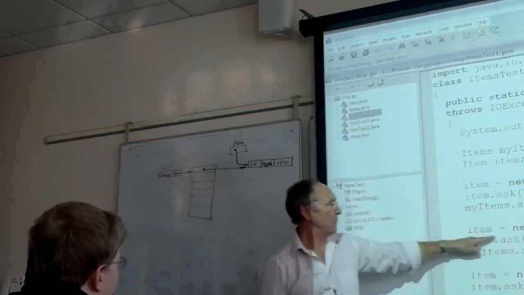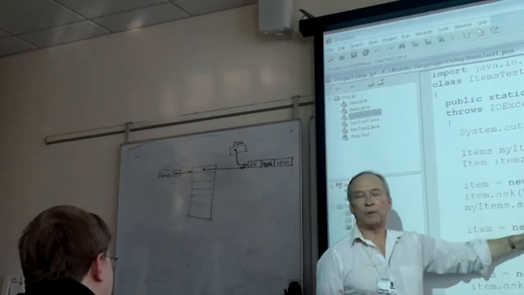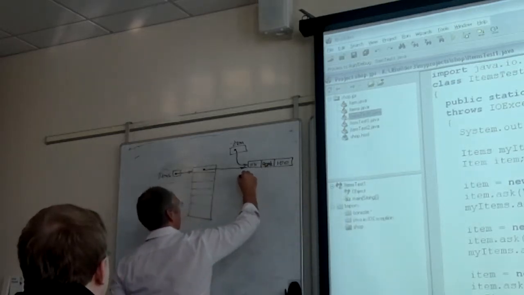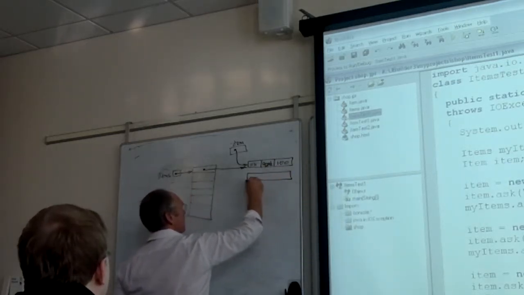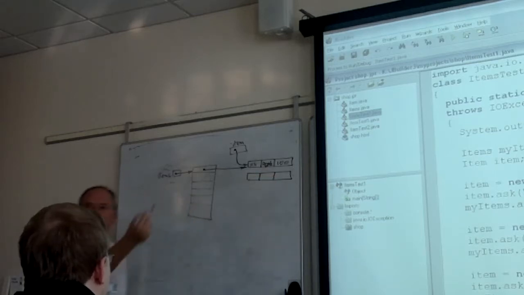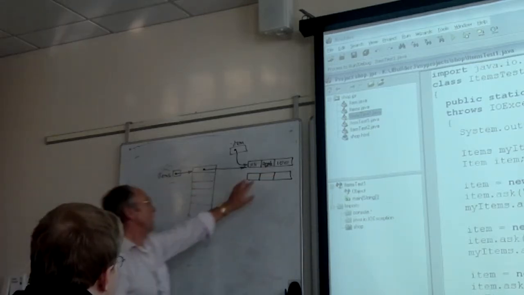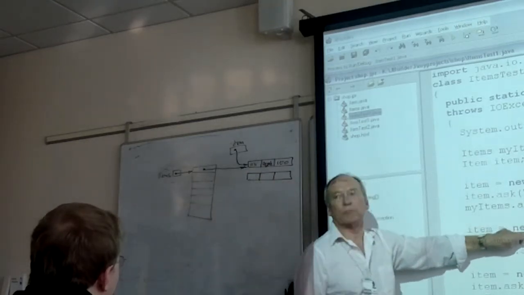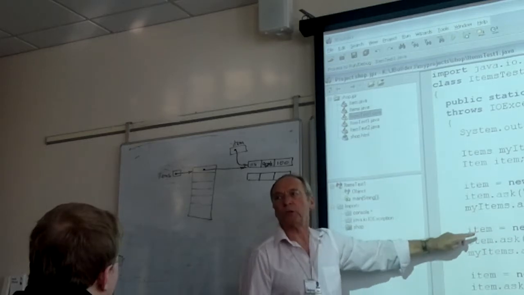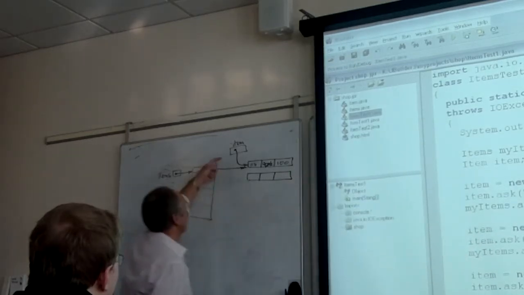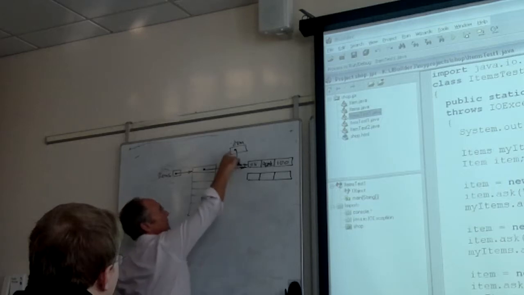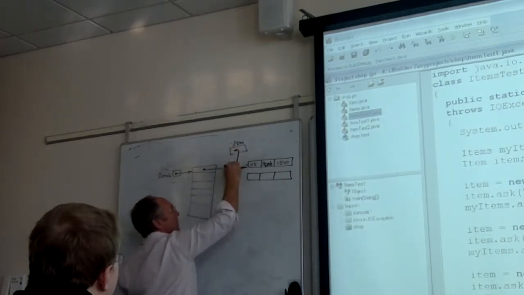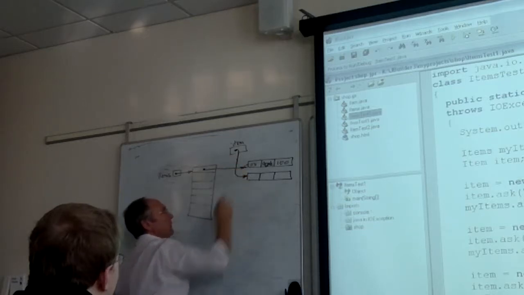Now we obey this statement, says item becomes equal to new item. So we're going to construct a new item object. Set the default values, so it's going to be question marks, no name, 100. And then assign the reference of that to the variable called item. So that value item is going to get destroyed, and the new one is going to go into there.